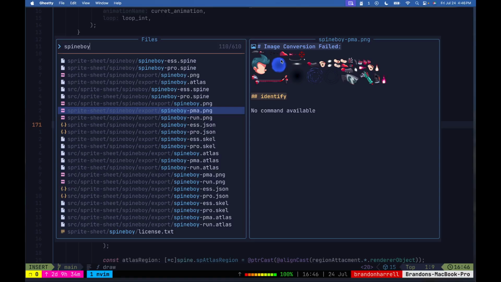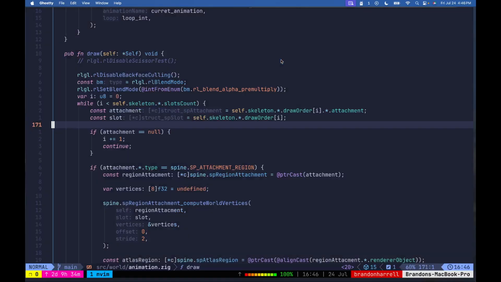What ends up happening is this character has to be drawn. So when I pass this through my game, I need to pass the PMA, which I think is pre-multiplied alpha. As to what that means, I'm not going to try to explain because I don't know that well.